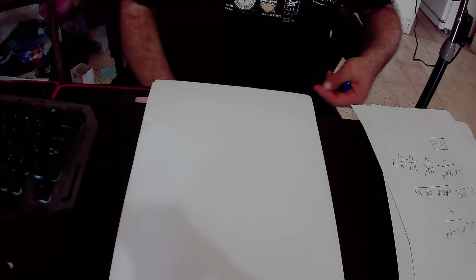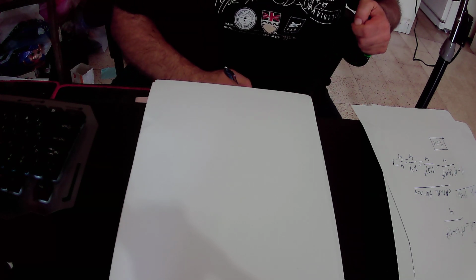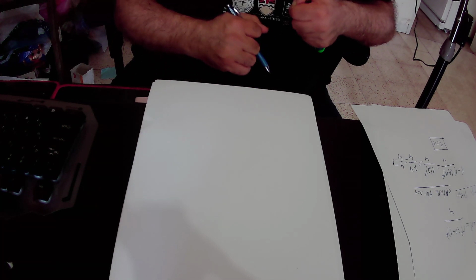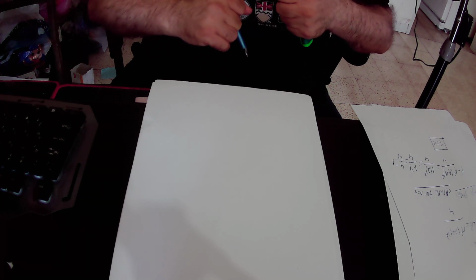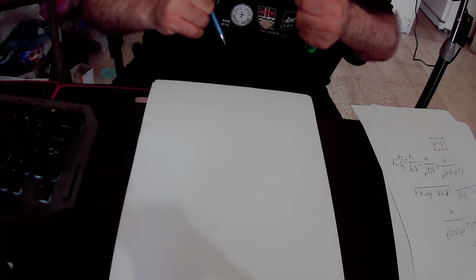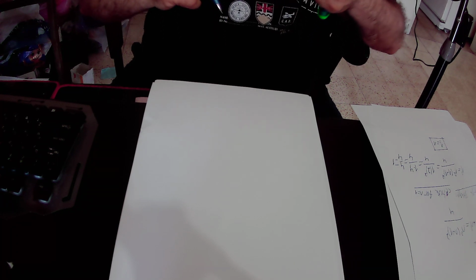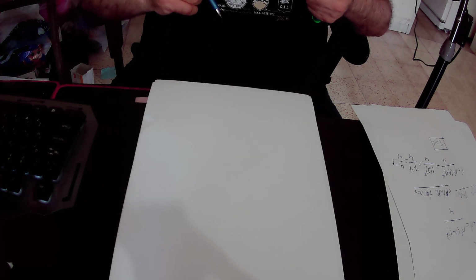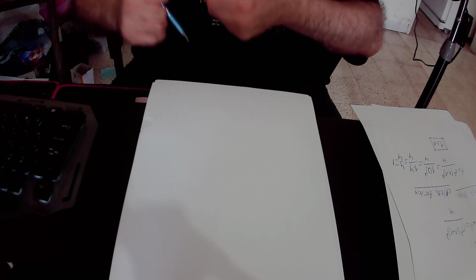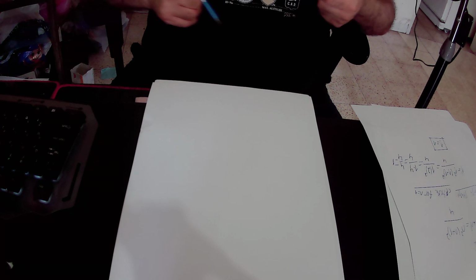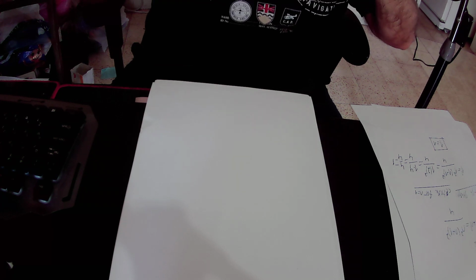Because now we know it is true for n equals 2, and we have already proved that if it is true for n, it must also be true for n plus 1, so it must be true for 2 plus 1, that is 3. Okay, so in this way we proved that the statement is true for n equals 3.